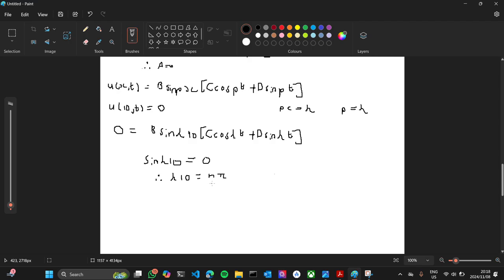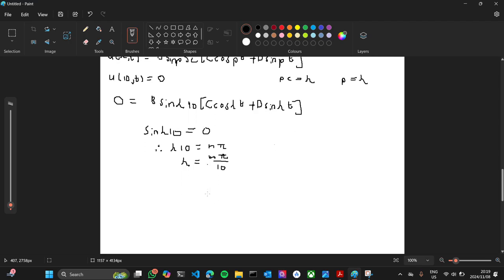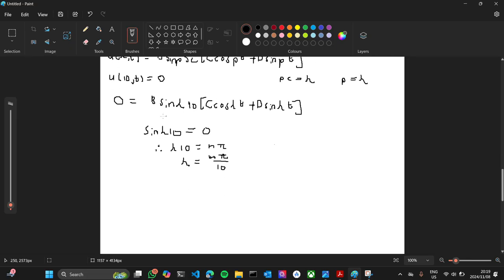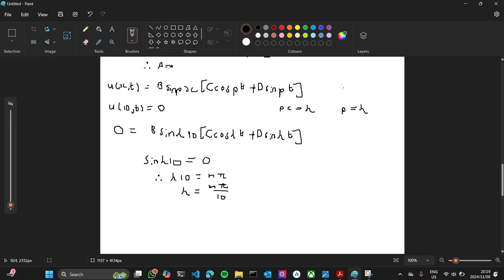Let's call it that because it changes. Okay, so we can solve for that. N pi over 10. Wow, just hit the 30-minute mark. It's crazy. I'm barely halfway. Anyway, so now we can again input this solution into our refined solution to get an even more refined solution.